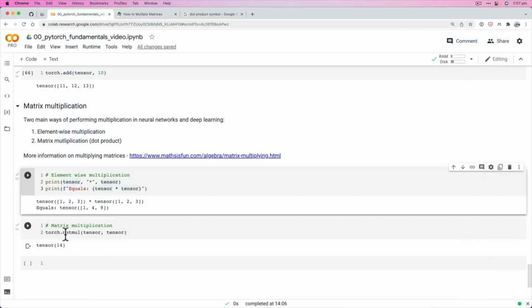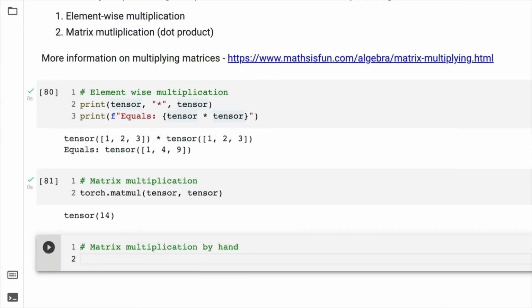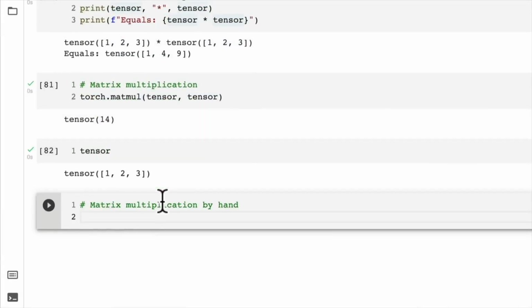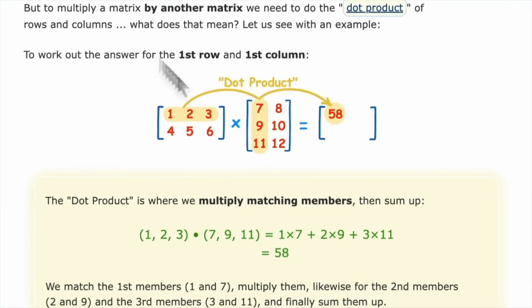So if we were to code this out by hand, matrix multiplication by hand, recall that the elements of our tensor are 1, 2, 3. So if we wanted to matrix multiply that by itself, we'd have 1 times 1, which is the equivalent of doing 1 times 7 in this visual example.